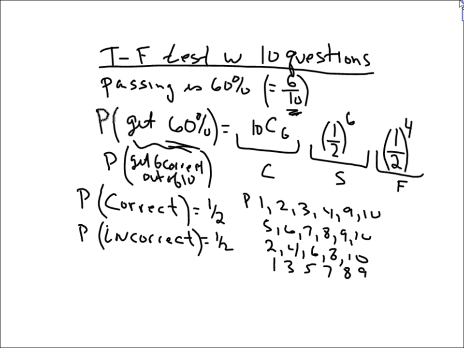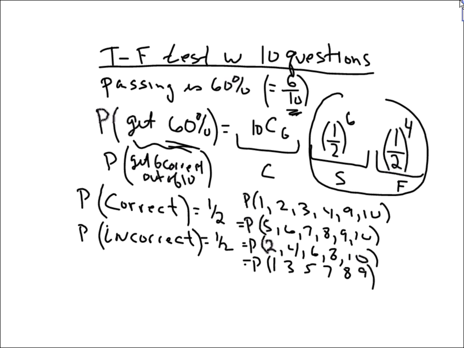And the probability of getting these 6 right, or these 6 right, or these 6 right, believe it or not, they're all equal. So here, I'm just finding the probability of getting any one of these. And then I'm multiplying by the number of times.